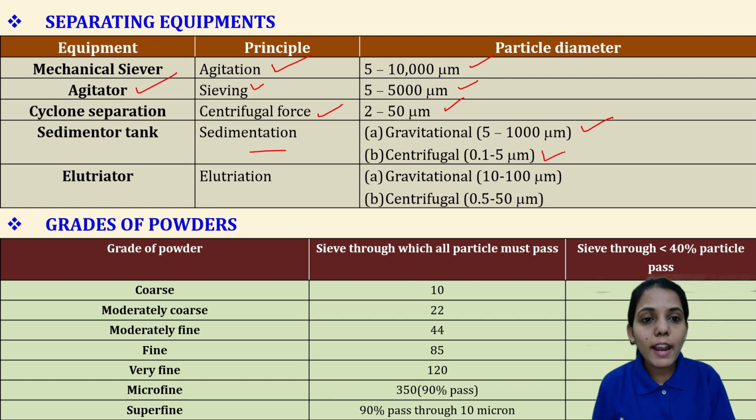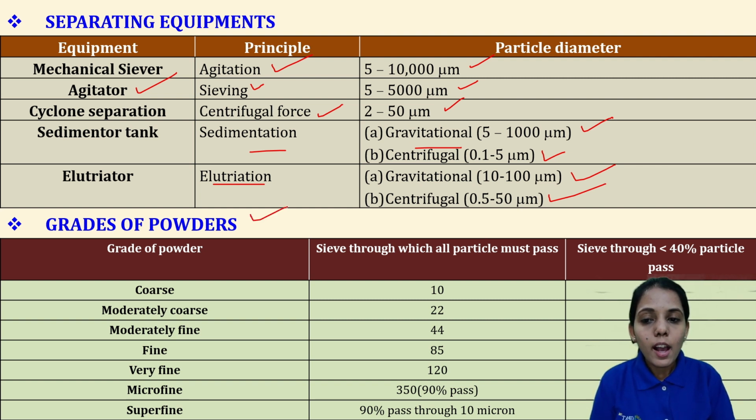If it is based on gravitational, it is 5 to 1000 micron. If it is based on centrifugal force, 0.1 to 5 micron. Elutriator or elutriation, again gravitational means 10 to 1000 micron, and centrifugal means 0.5 to 50 micron. So this is nothing but separating equipment.